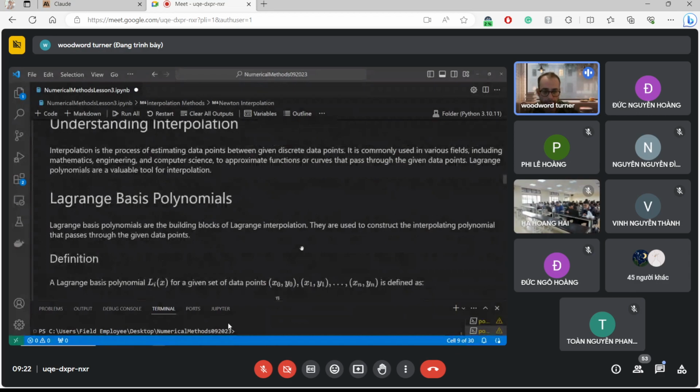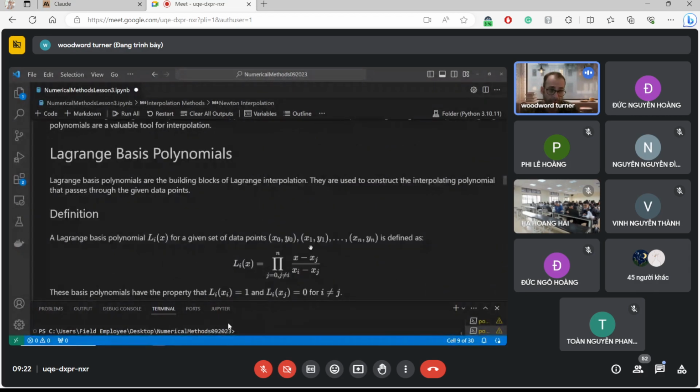This is how we'll build the polynomial that'll help interpolate the function that's being defined by our data points. And here's the definition. The Lagrange basis polynomial, which we'll call L sub i of x, for a given set of data points, these pairs x0, y0, x1, y1, all the way up to xn, yn, is defined as this.